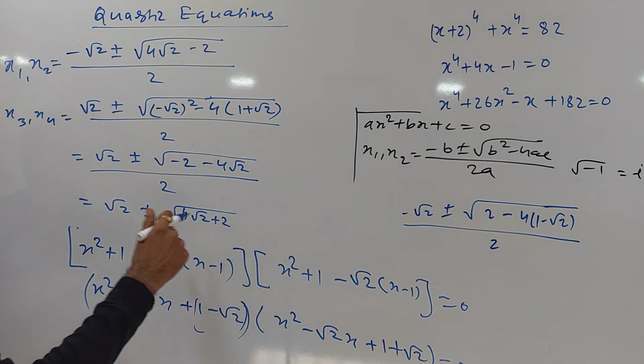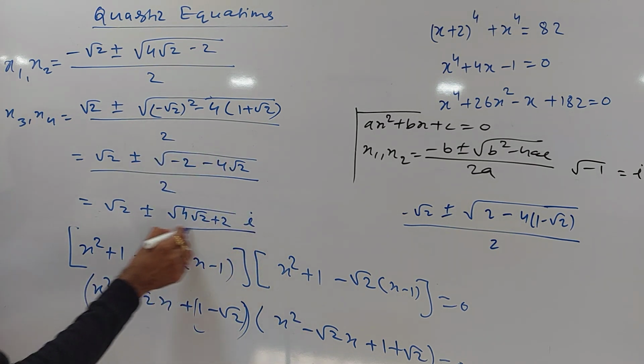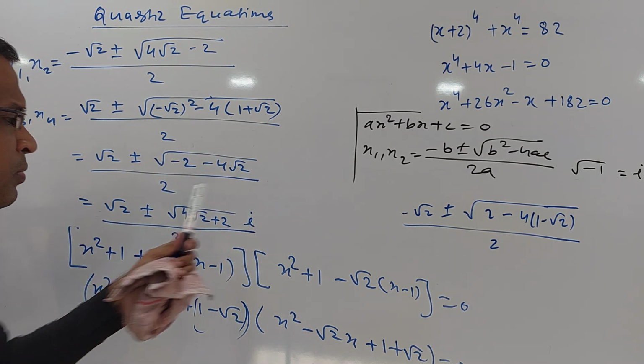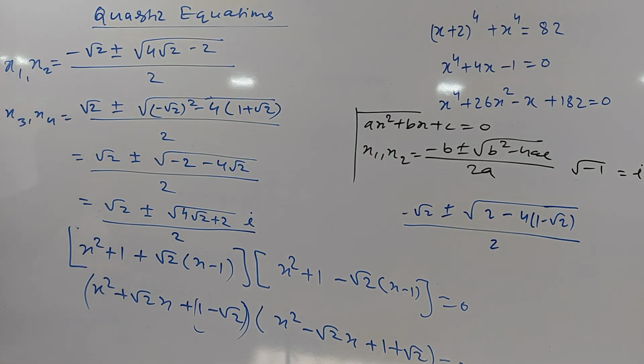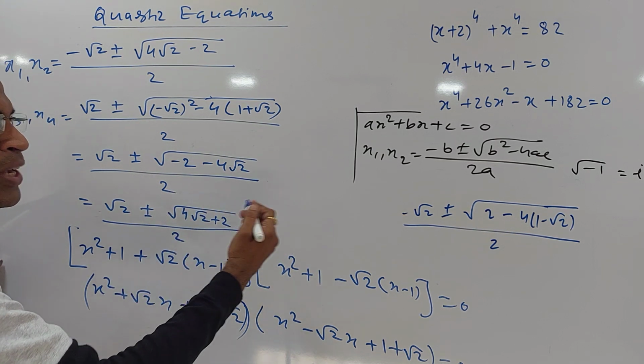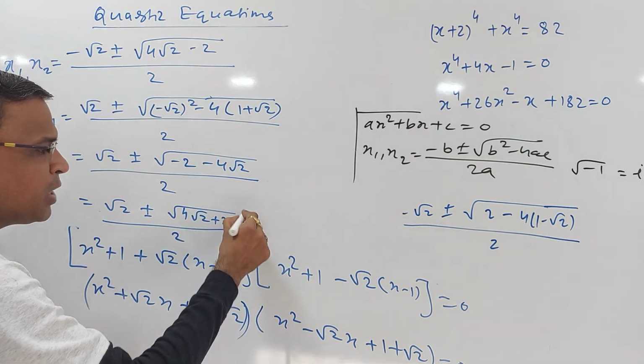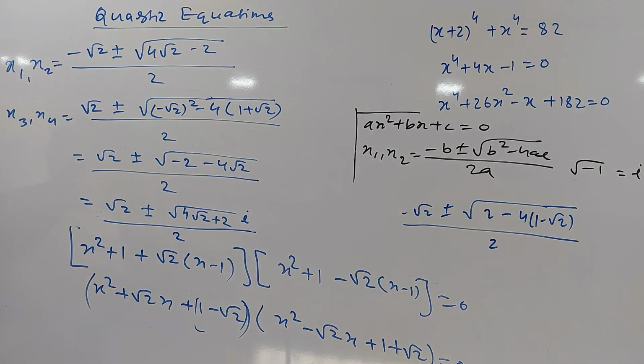So we can just put it like this, because ultimately inside it is minus 1, pulling out. Fine, so you are getting something like this. Or you can just keep it, since under root of minus 1 was there, we can just keep it like i here. Fine, so these are your solutions.